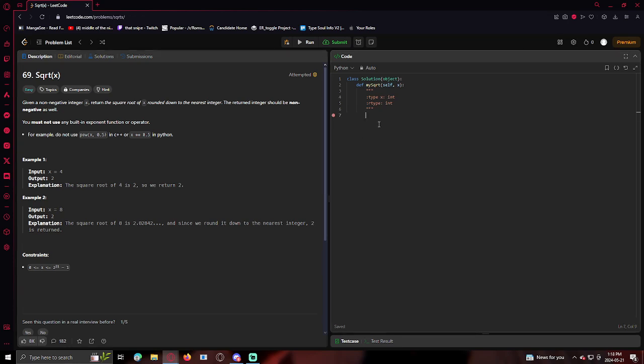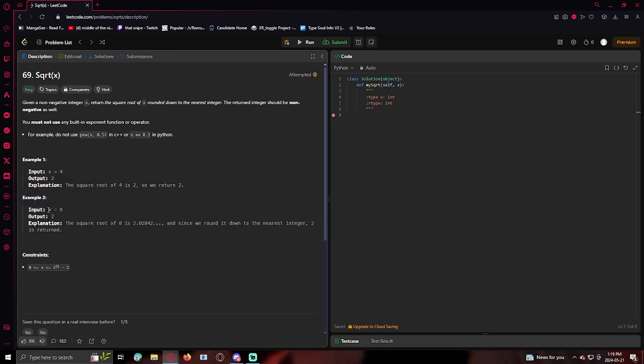So we know for a fact that the square root of a number is going to be either half or lower than half of the number, right? You're not going to have 3/4 of a number if it's an integer at least. And we also know that what we're trying to find is the biggest integer that when you square it, it doesn't go over the number.